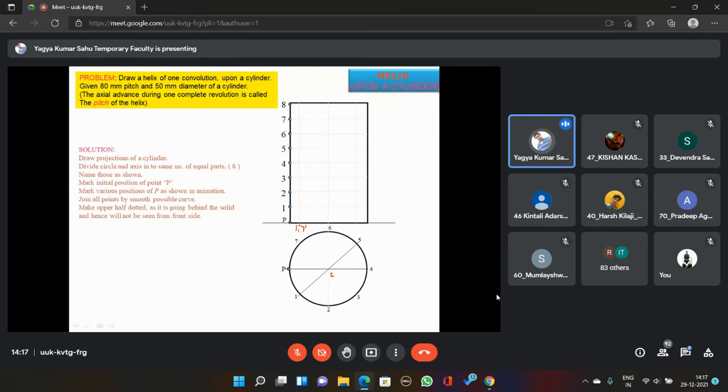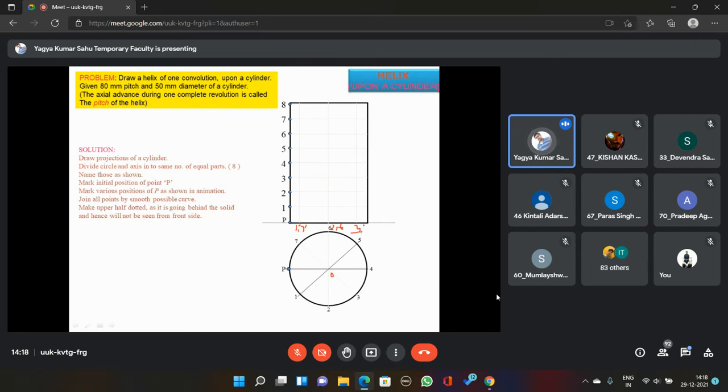This is say O. Are you getting this one? 1 dash, 7 dash. Then there will be a vertical line for 2 and 6, and for 3 and 5.